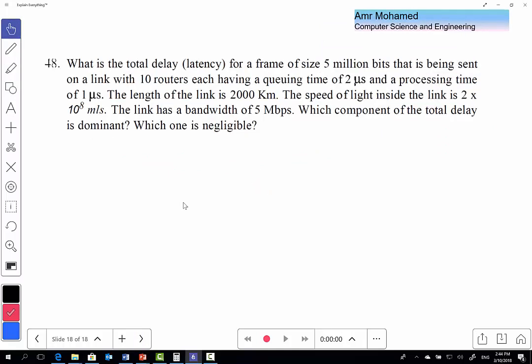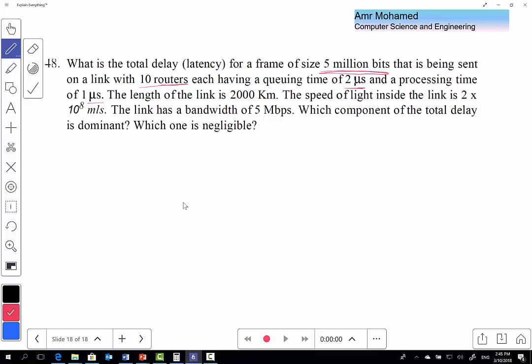So this is the last exercise. What is the total delay for a frame of size 5 million bits? So the frame size is 5 million bits that is being sent on a link with 10 routers, each having a queuing time of 2 microseconds and a processing time of 1 microsecond.